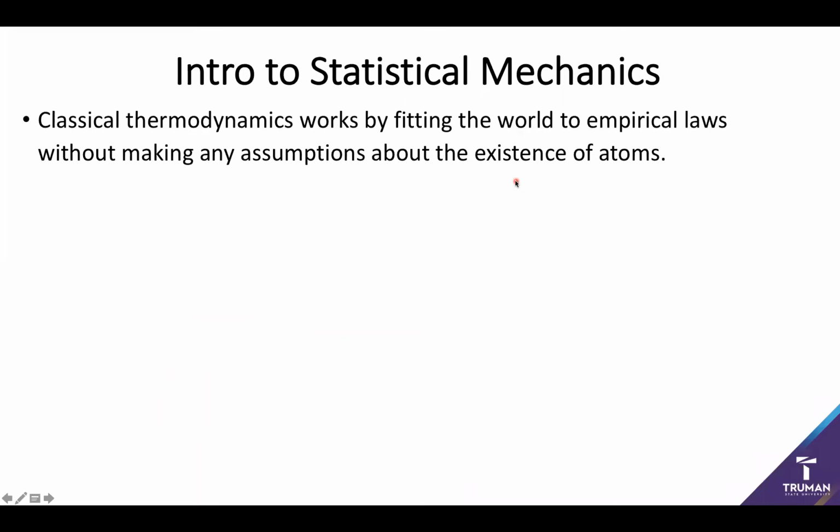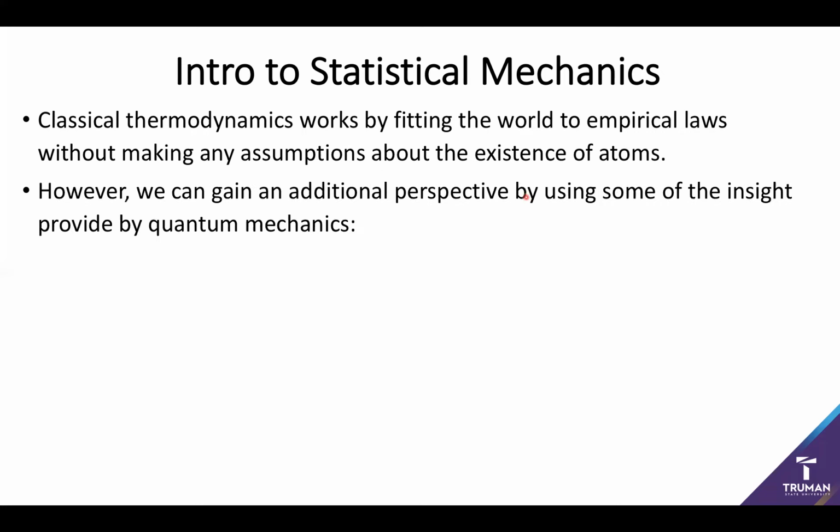So again, classical thermodynamics doesn't even require the existence of atoms. All it requires is empirical observations, which we use to build up pretty much everything we've talked about this semester. However, if we want to really figure out more about the atom level behavior of systems and get some of those nuances that thermodynamics often misses, we have to essentially start from the ground up.